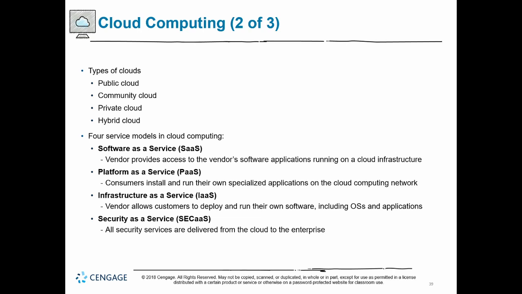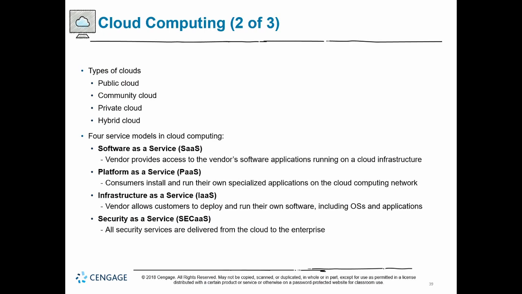And then there are 4 service models in cloud computing: SaaS, PaaS, IaaS, and SecaaS. So SaaS, software as a service, is where a vendor provides access to the vendor's software applications running on a cloud infrastructure.